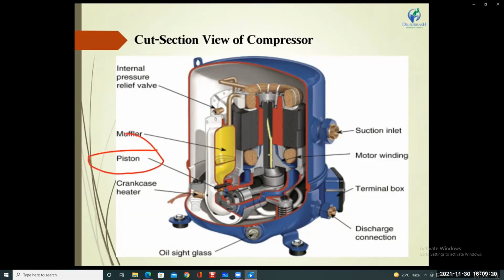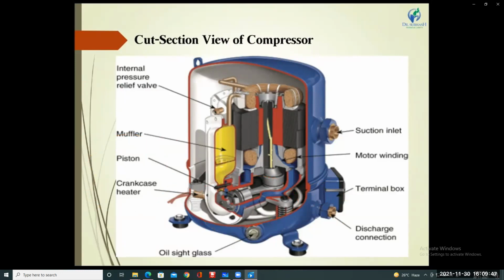This is the piston. This assembled system is a single acting reciprocating pump, with one piston, one cylinder, one inlet and one outlet, for the refrigerant flow from lower pressure to higher pressure. This is the crankcase heater.